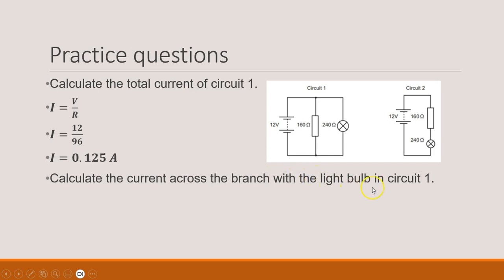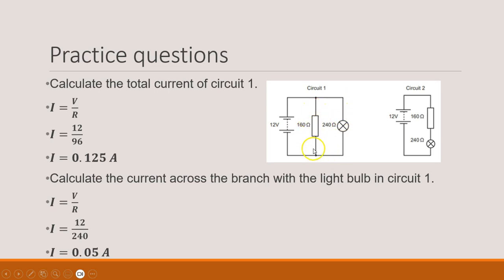So we have all the information we need to calculate the current through this branch. I is equal to V over R, which is 12 over 240, which gives us a current of 0.05 amps.